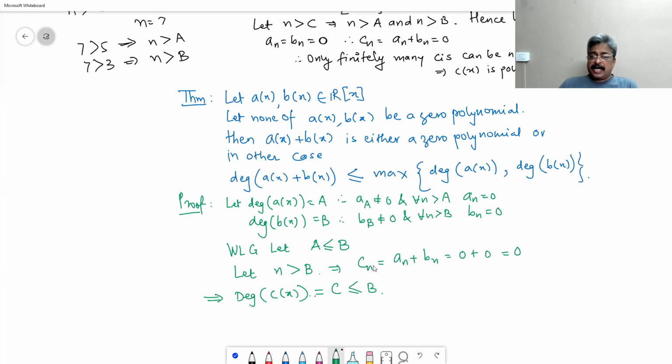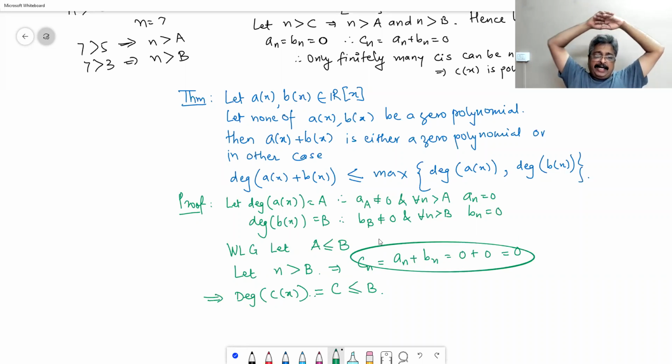Therefore, c of x is a polynomial. Suppose its degree is capital C. Then C is always going to be less than or equal to B, because of this fact that C of n is always going to be 0 for any n greater than B. So if you want the coefficient C of n to be non-zero, then n has to be either equal to B or less than B. n cannot be greater than B. It is more or less an indirect method of proving it also, but we have not really shown the contradiction.